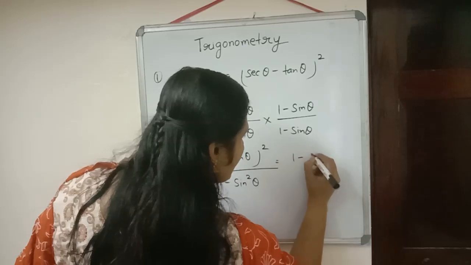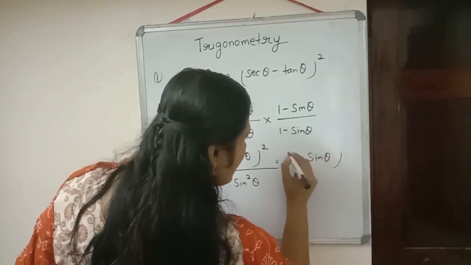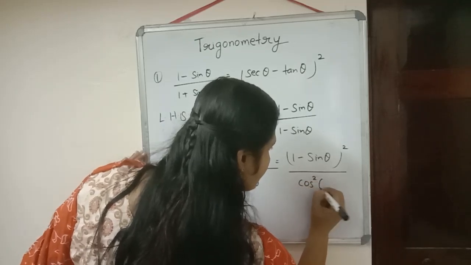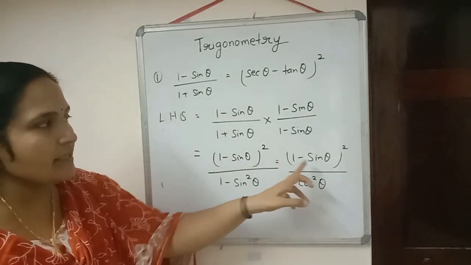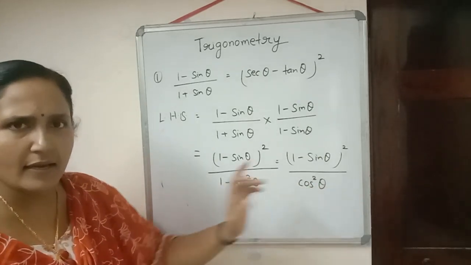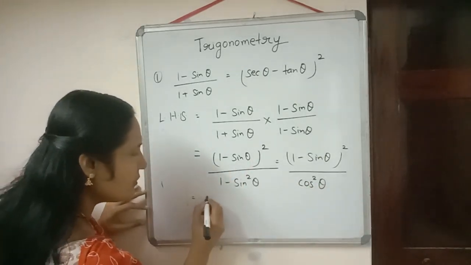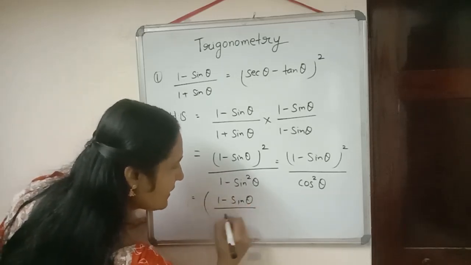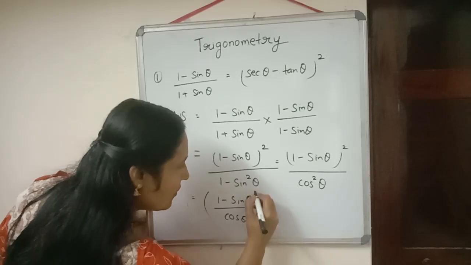And what is 1 minus sin square theta? Yes, that is equal to cos square theta. So you can check, numerator also we wrote in terms of square and denominator also it is (cos theta) the whole square. So we can write them together. It will be equal to (1 minus sin theta) by cos theta the whole square.